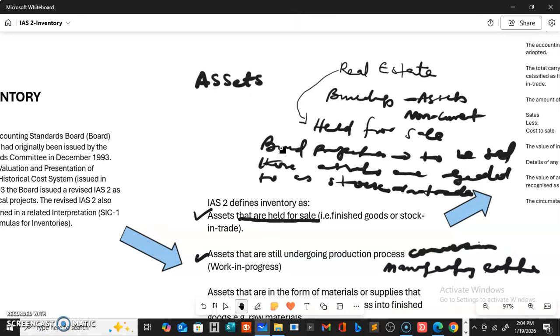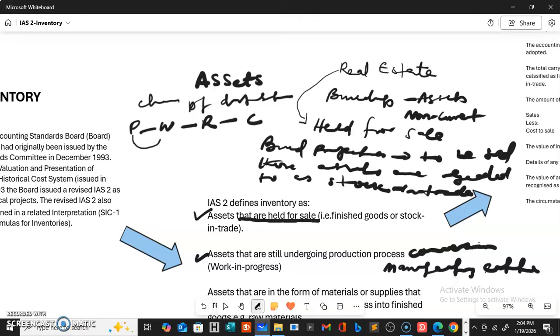Like we know in economics, we talk about the chain of distribution, okay? From the producer, which is the manufacturer, to the wholesaler, down to the retailer, and finally to the final consumer.